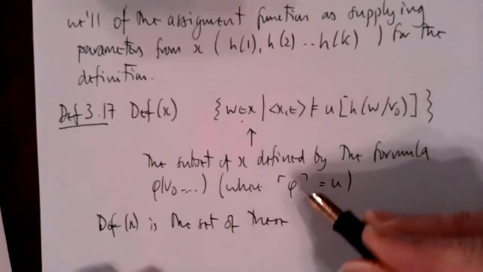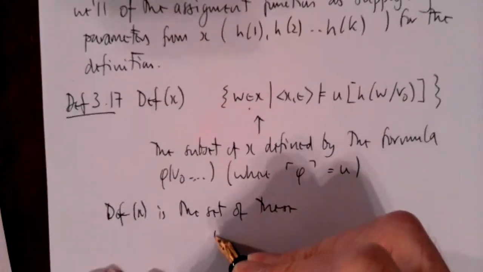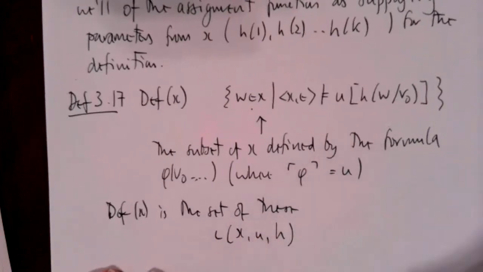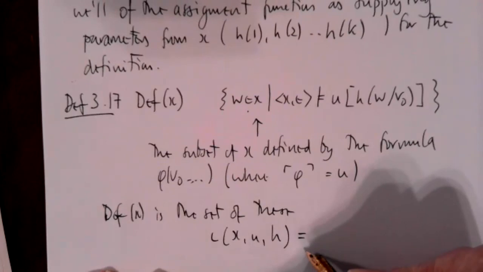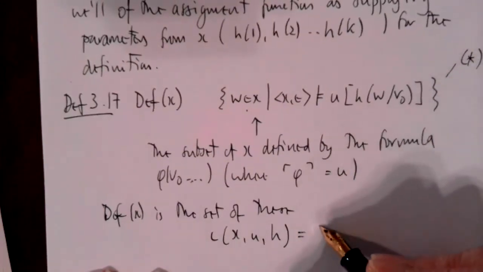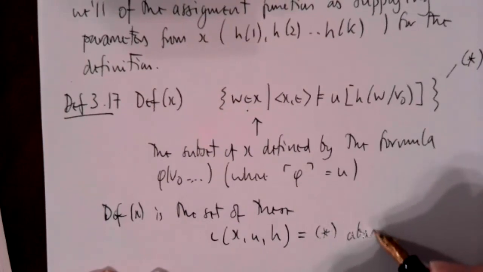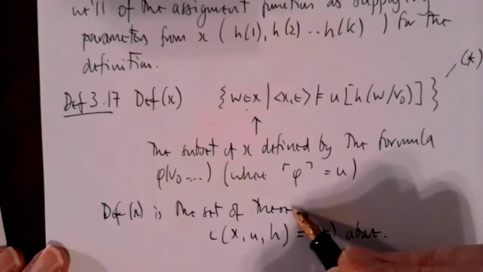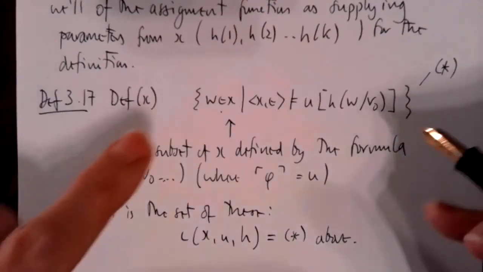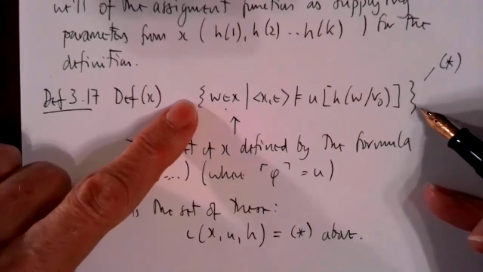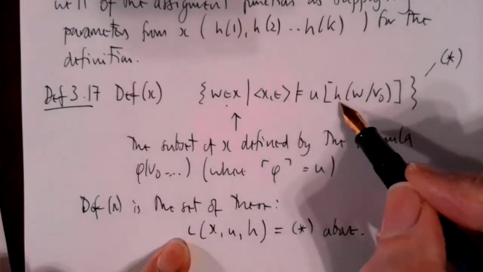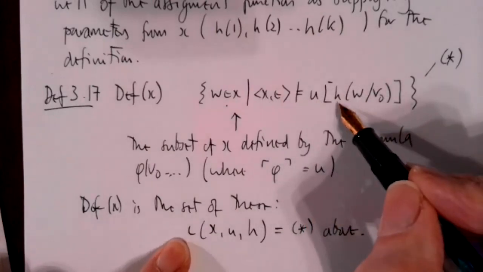And let's give this a name, right? This is iota for historical grounds. X union H is this set here. So this is what I'm calling iota of X and U and H. It only depends upon these objects here.